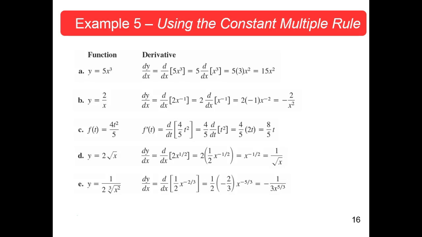Does everybody see that? I wish I could write it for you, but that would give away the problem because you'd see it. So dy dx would then be, if you're writing this out, if you had 1/2 x to the minus 2/3, you take the derivative of that, what would that be?